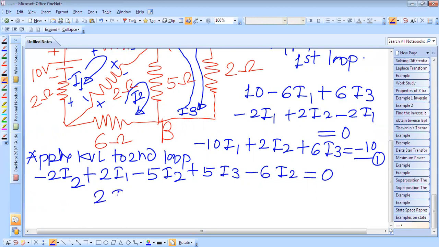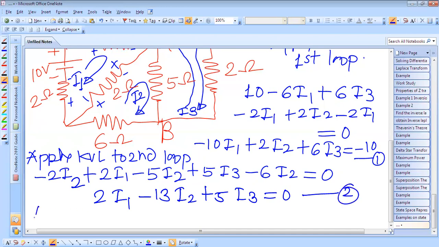Then minus 5, minus 6, minus 5, minus 2, that is minus 13I2, plus 5I3, and this is equal to 0. This is your equation number 2.